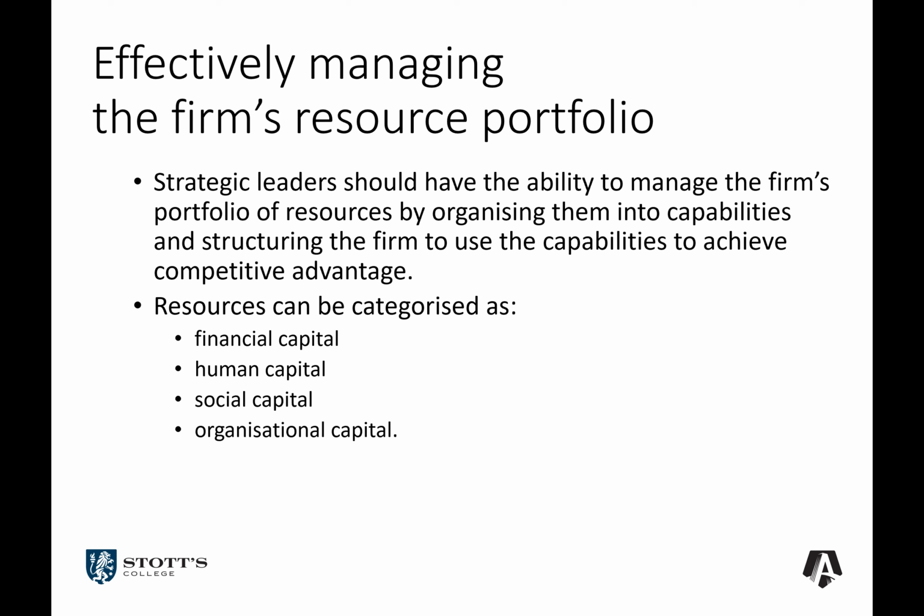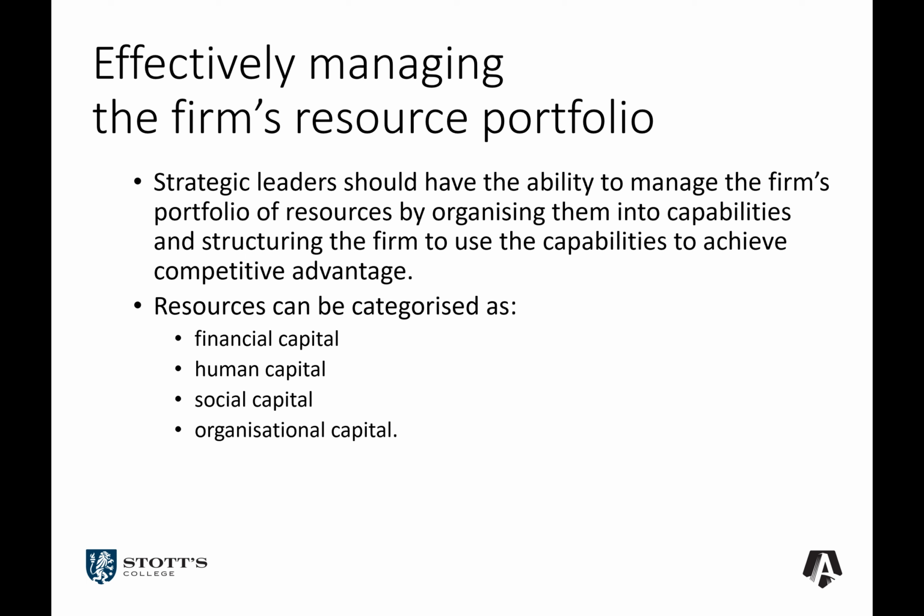Now, this particular model draws from the exploring strategy model, which is a variation and an extension of the strategic management process model. We could replace that word capabilities with competencies as well if we wanted to.